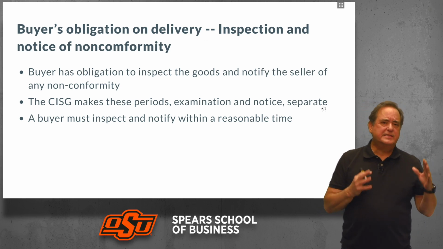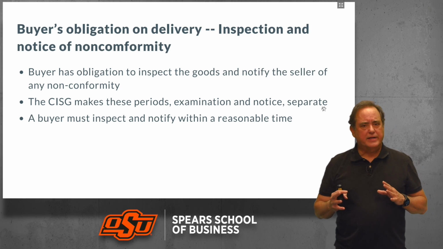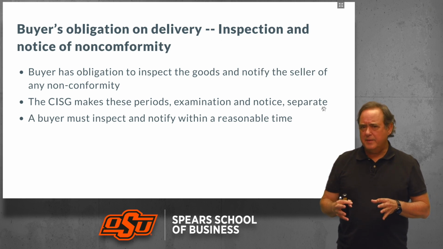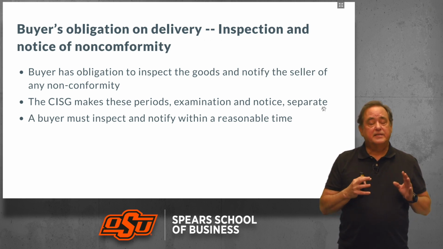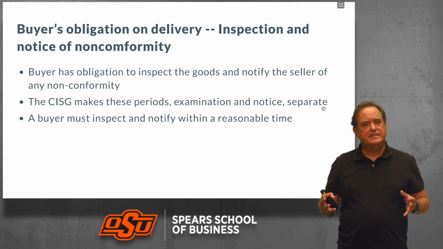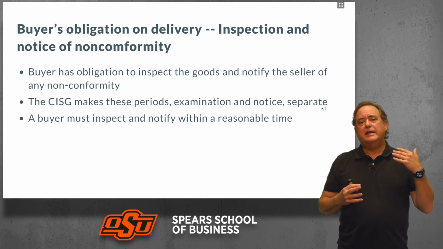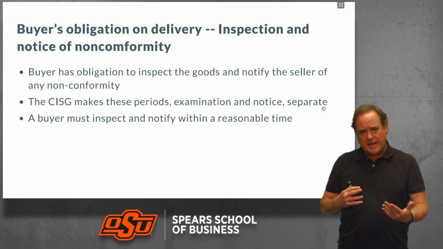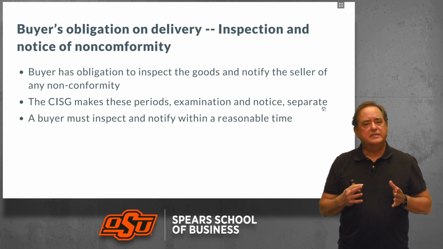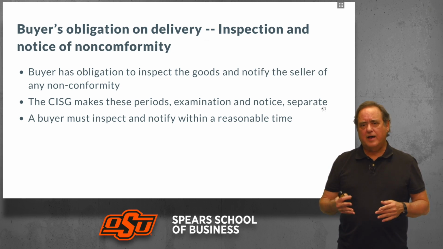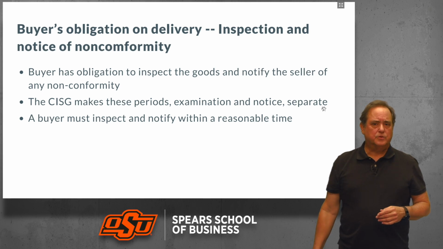Now, I make the point the CISG makes these periods, meaning the time for examination and then the time to provide notice. They're separate. However, in both cases, the buyer must inspect and notify within a reasonable time.